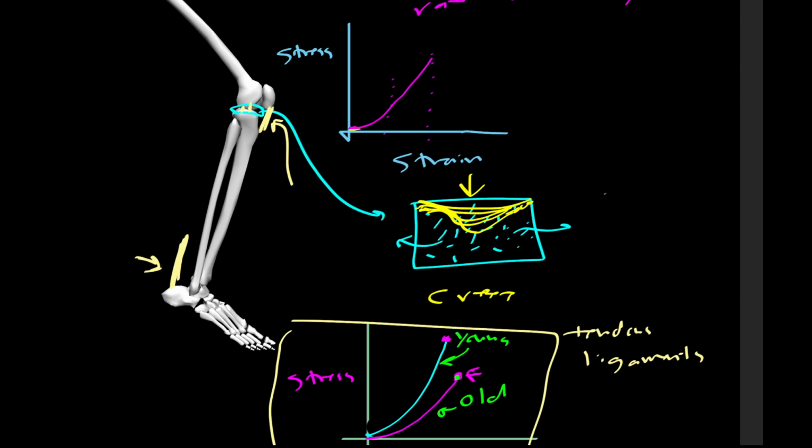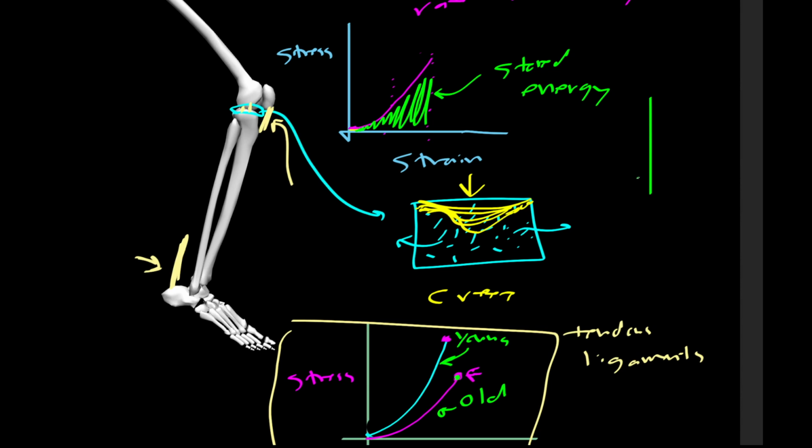With tendons, we also talked about how we could interpret the area under the curve of the stress-strain curve as stored energy. So, for example, when you run or when you jump, you store up energy in your Achilles tendon, and then when you go back down, meaning when you push off the ground, you can release that energy.